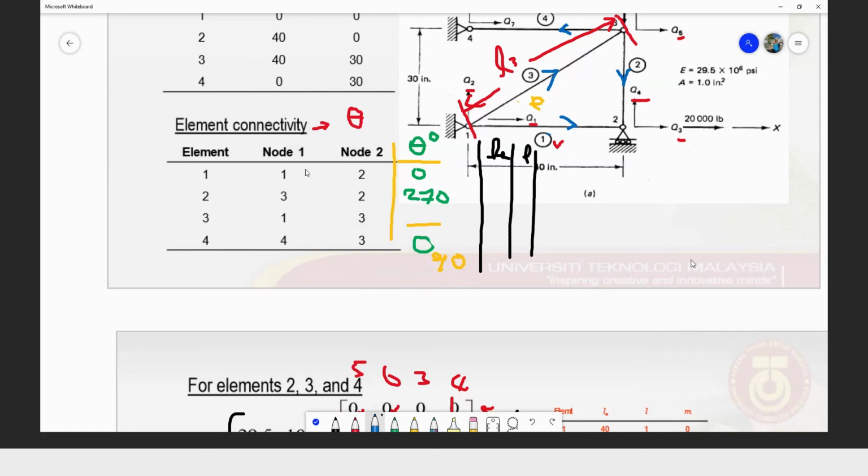So maybe student A dia nak solvekan based on element connectivity 1 to 2, then solve according to this arrangements of the element connectivity dengan K matrix dia start daripada untuk K1 in term of dia punya index dia akan start daripada 1, 2, 3, 4 dalam dia punya K matrix dia.